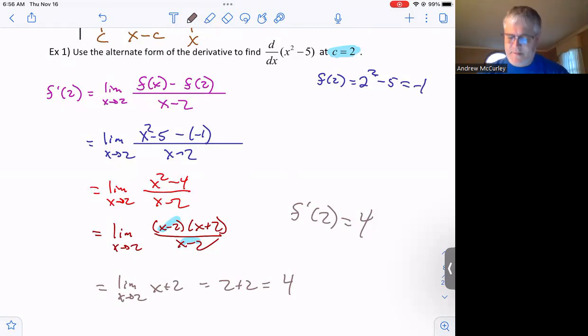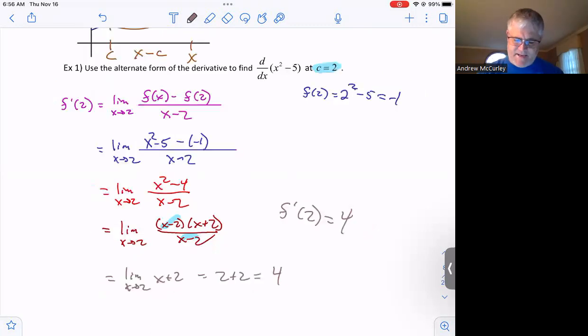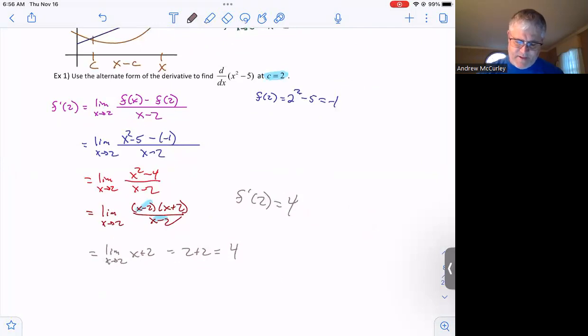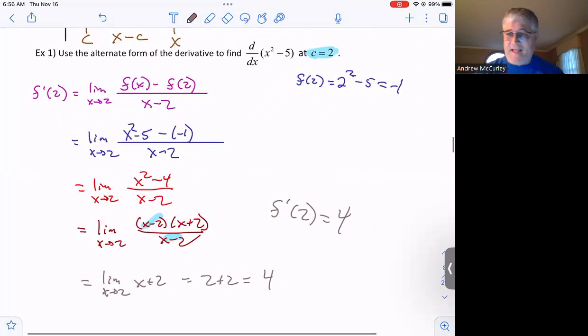Okay, so that is the alternate form of the derivative. It's kind of easier than the other one because it's pretty direct, but we often only need one, so it's really no big deal.